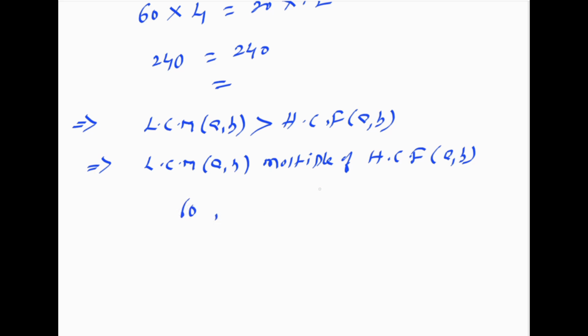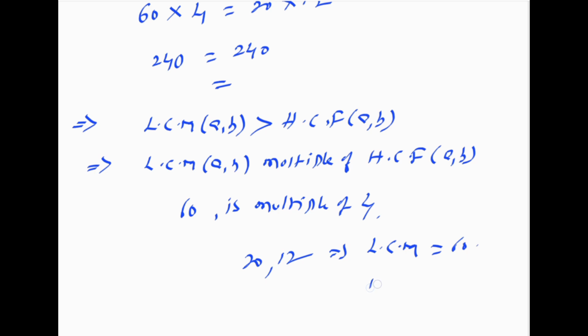Now 60 is a multiple of 4, because for 20 and 12 we got LCM as 60 and HCF as 4. So 60 will be a multiple of 4. Okay? One more formula we have.